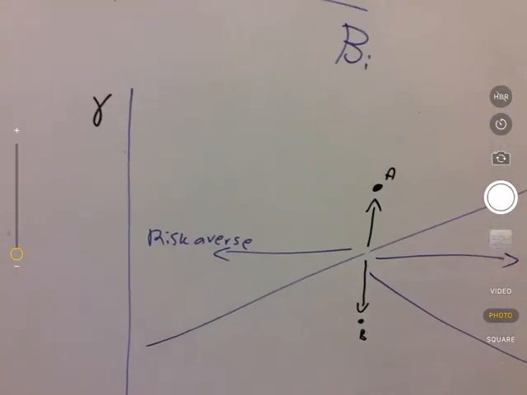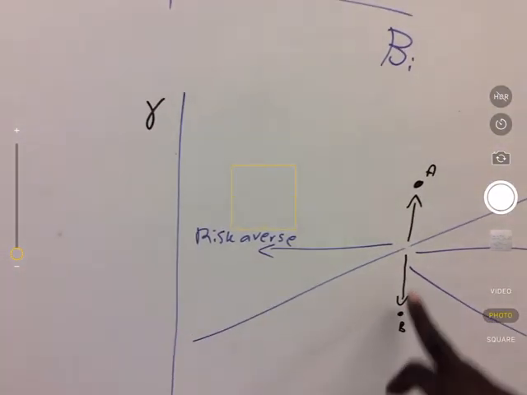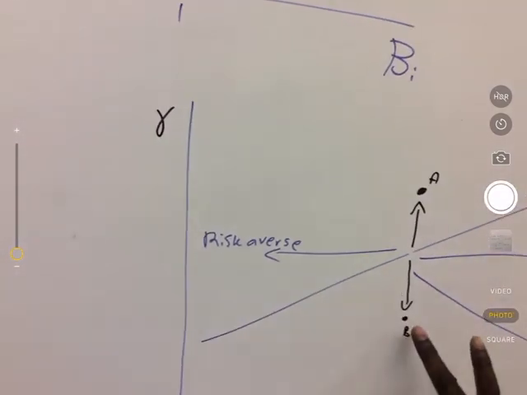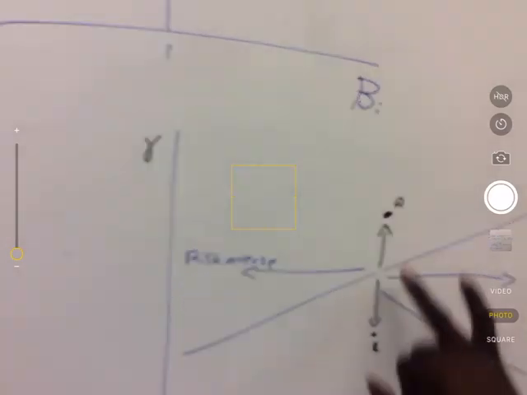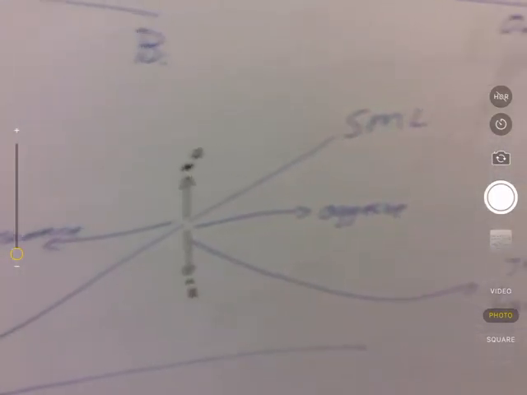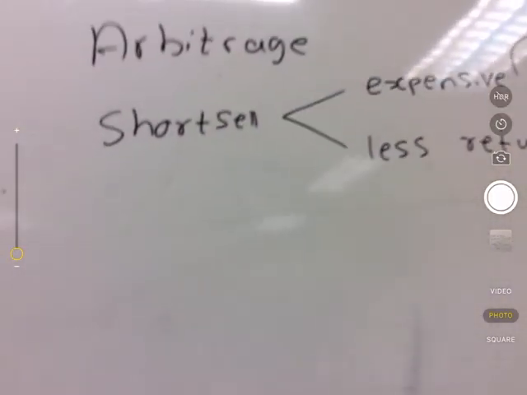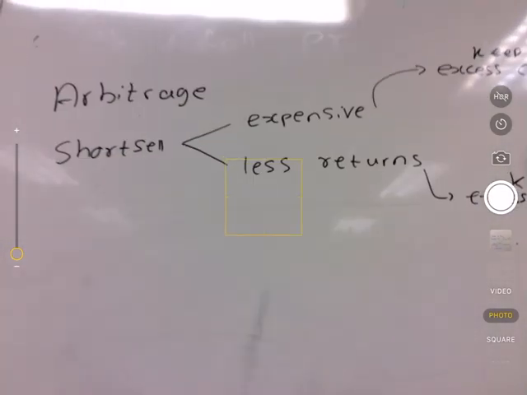So if you are an investor and you are able to find that both A and B are mispriced, hence we introduce the idea of arbitrage, right?